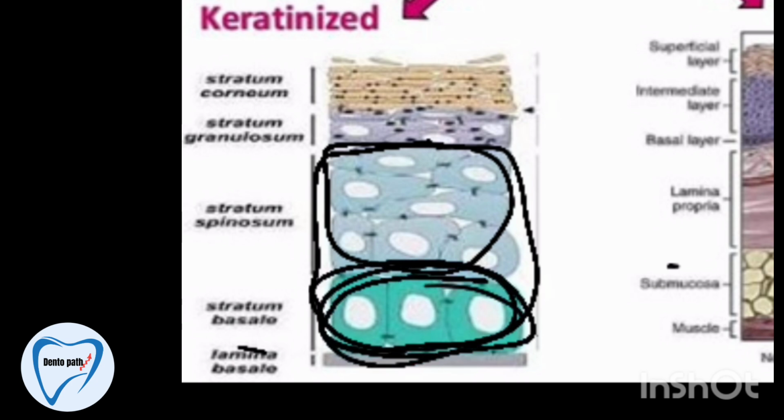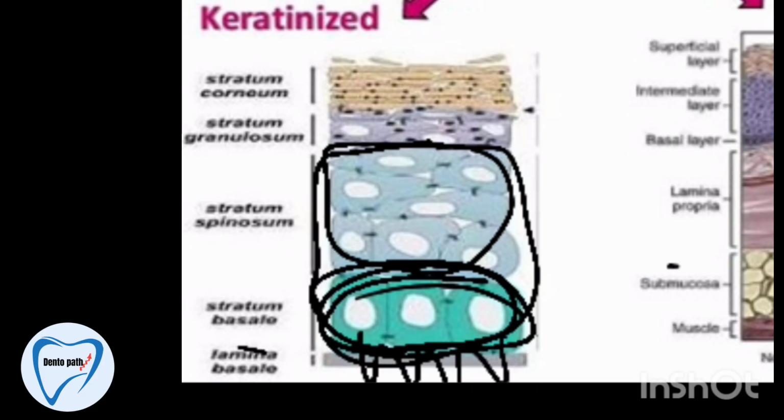In this layer, where the rete ridges are present, the Langerhans cells do activities like phagocytosis. They have an important role in the immune reaction as antigen presenting cells for lymphocytes.